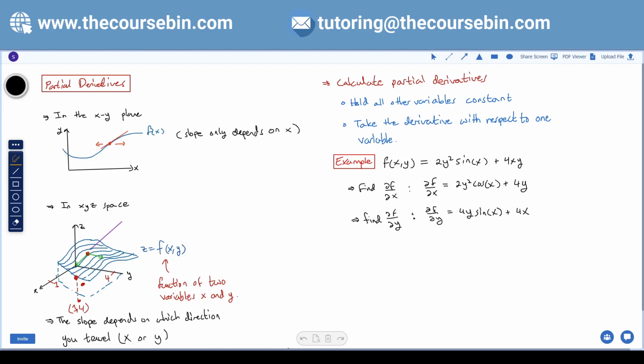Wait, so why wouldn't the sine x drop out? Because the sine of x is a constant. So we're treating the sine of x as if it's like a 4 or a 2 or something, and it's multiplying the y as a coefficient.